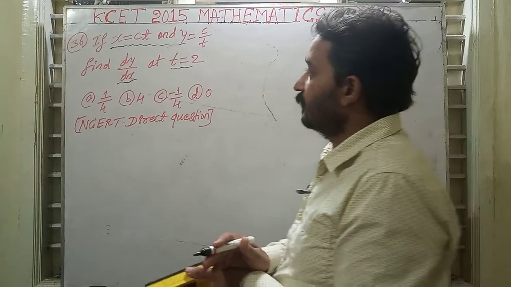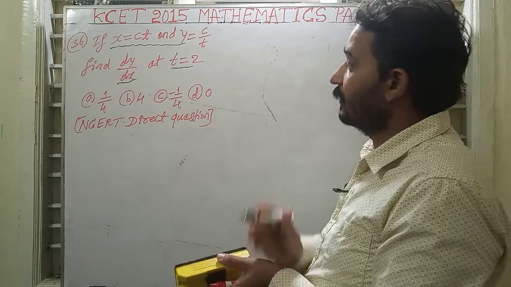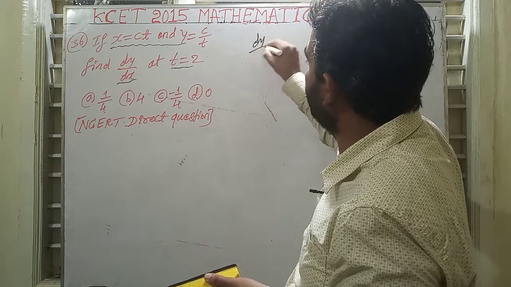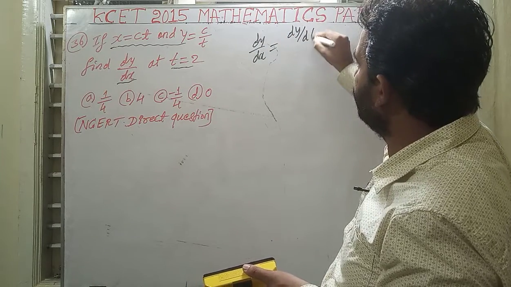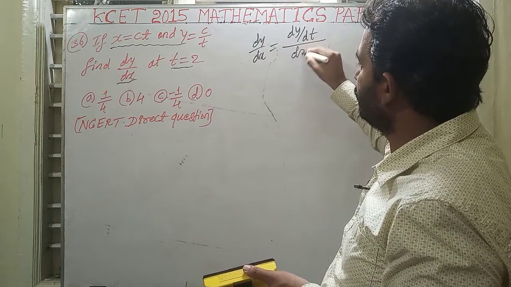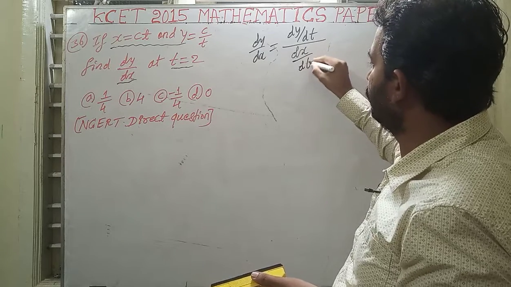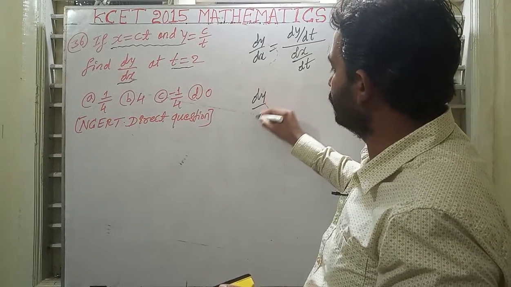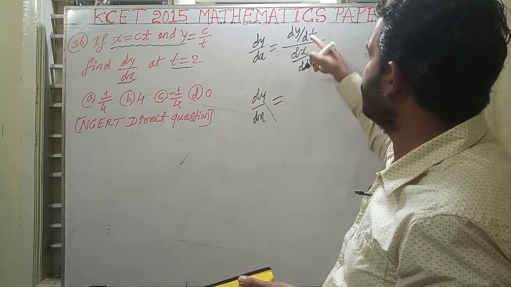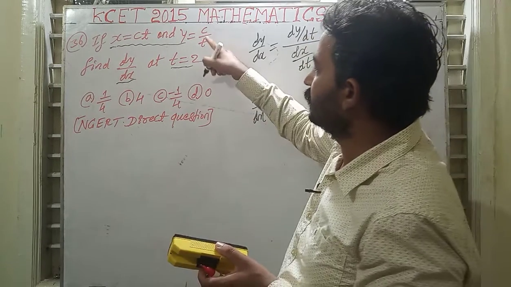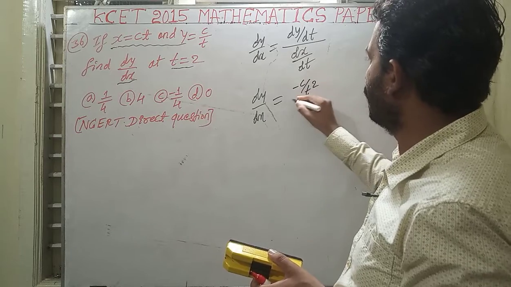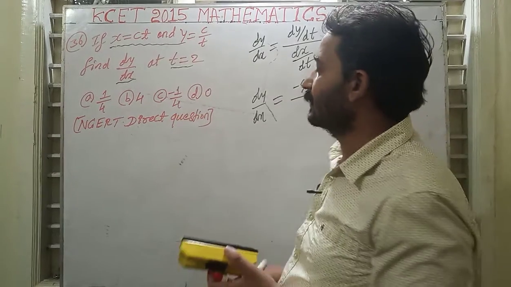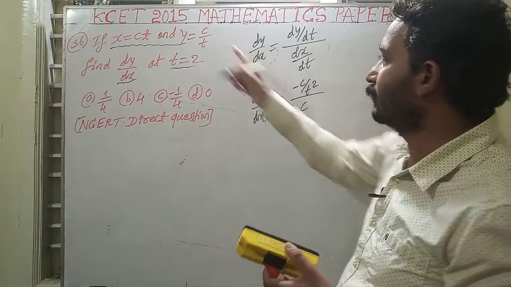So now first we take dy by dx. Dy by dx is nothing but dy by dt divided by dx by dt. So now dy by dx equal to differentiate y with respect to t, which is minus c divided by t square, whole divided by dx by dt, c, because c is constant in both cases.